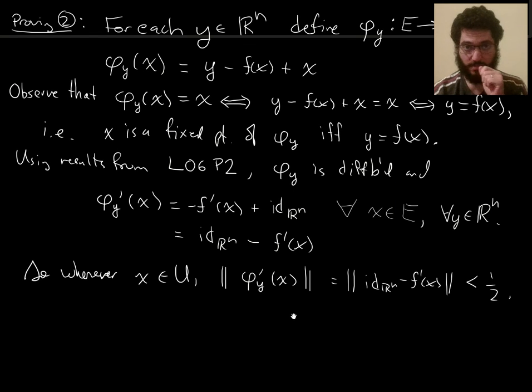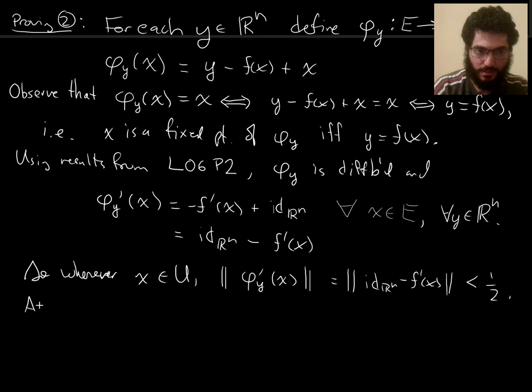And to get a hard limit on exactly how the bound on the norm of the derivative restricts how much the outputs of phi sub y can actually change, for that I should use Theorem 9.19. Now, Theorem 9.19 should only apply to a situation where the domain is convex.